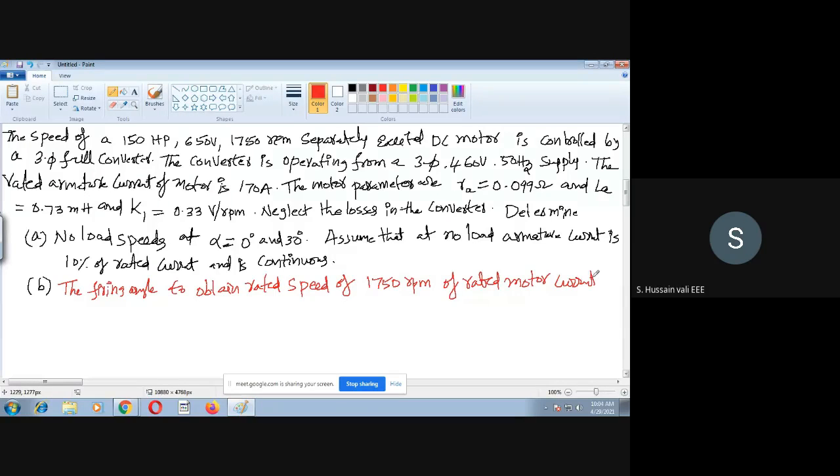Also compute the supply power factor. Third question is the speed regulation.